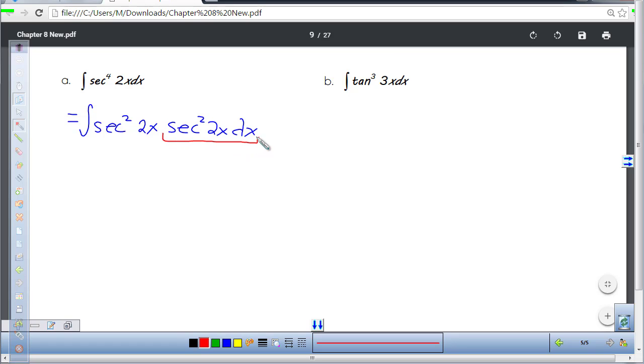So I can change the other secant squared 2x to what in terms of tangent? Well, that's another one of our Pythagorean identities. And it's 1 plus tangent squared 2x.